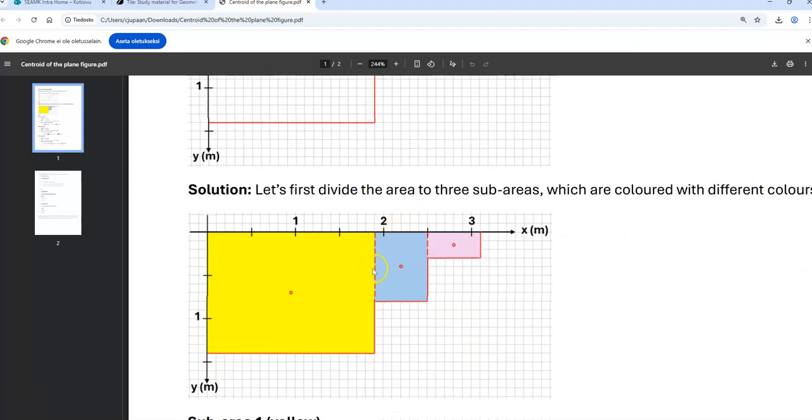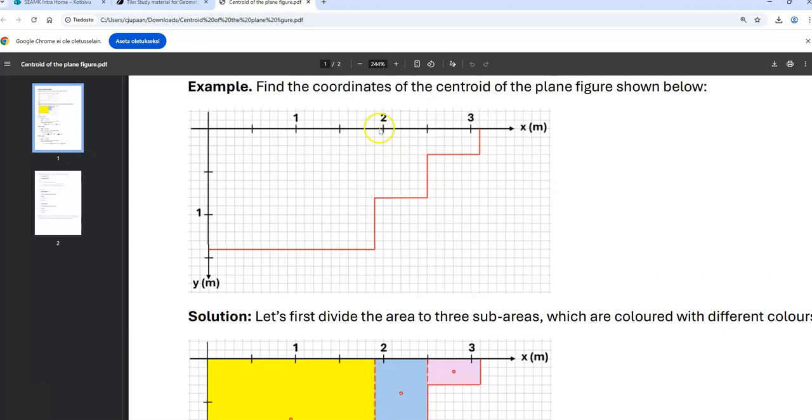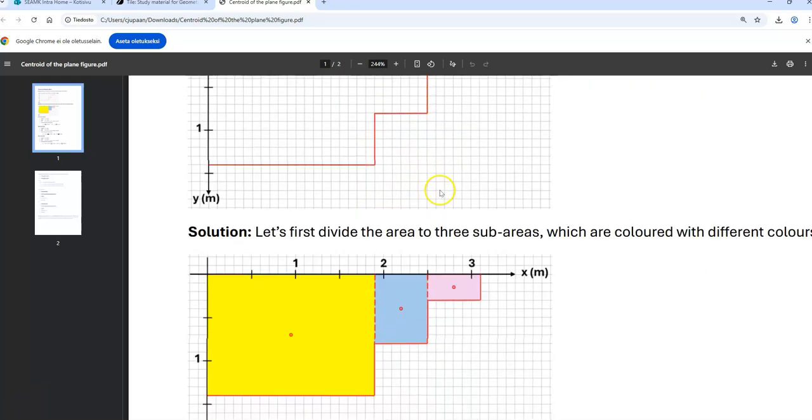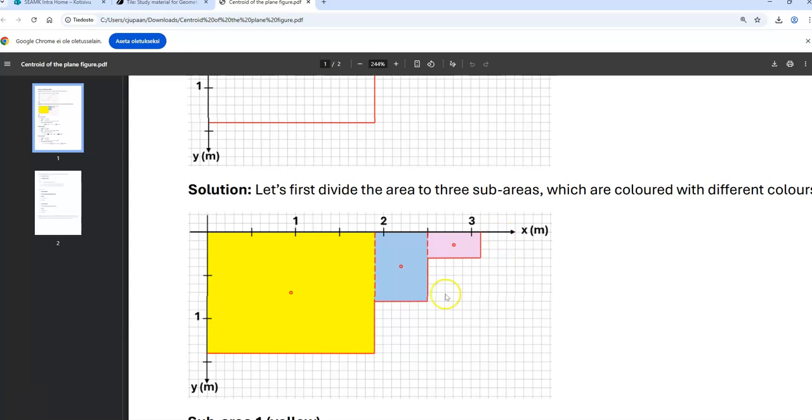Here you can see, so that I have divided the original figure to the 3 sub-regions or sub-areas, and I have colored them with different colors that it is easier to see what are those sub-parts or sub-areas there. Of course, that coloring is not necessary, but it is probably easier to see where those sub-parts there are.